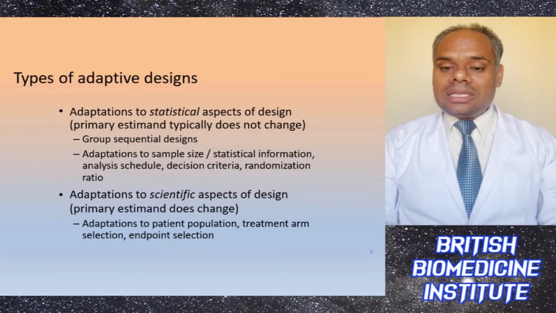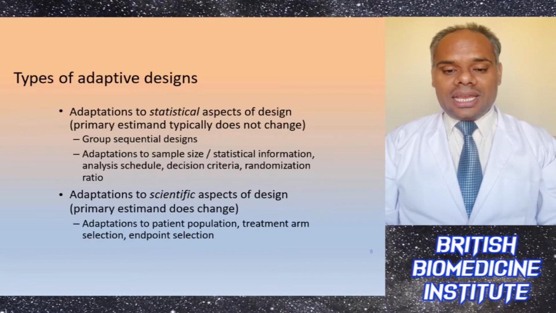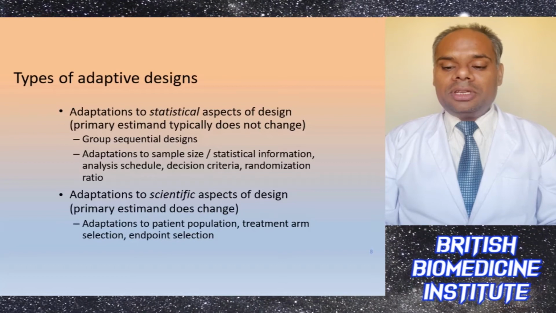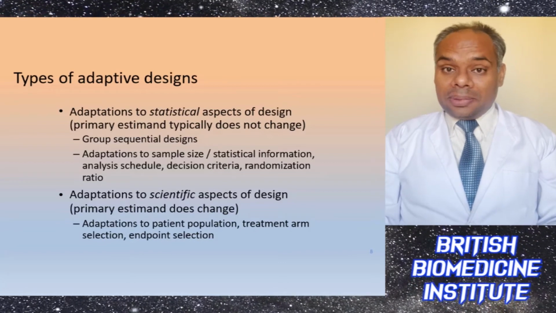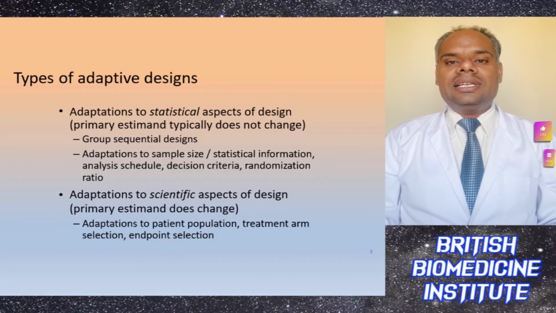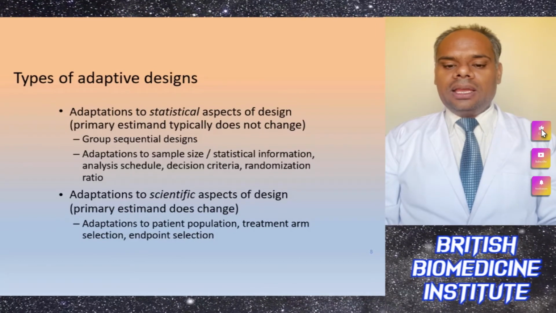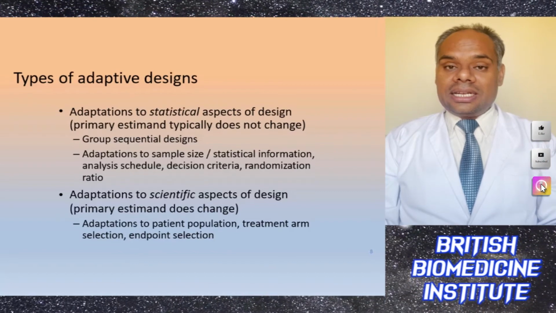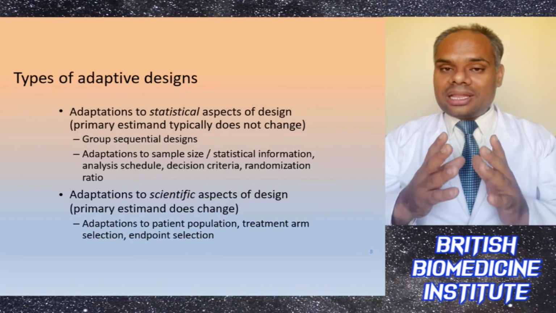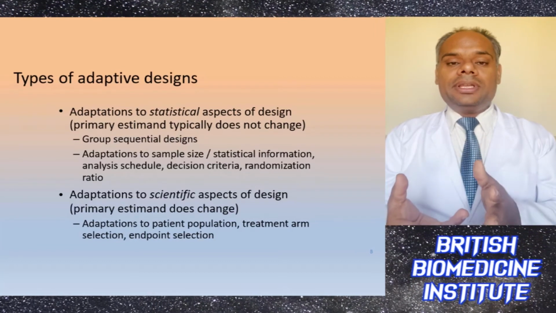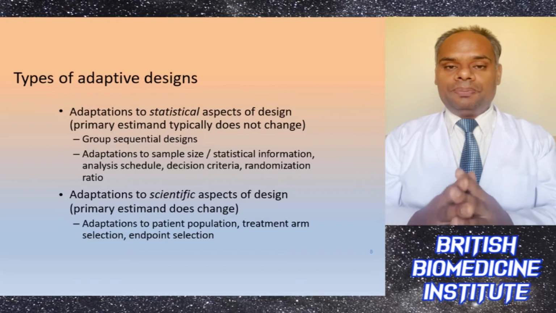So adaptation to the statistical aspect of design, like your primary estimate, typically doesn't change, like your group sequential design, it does not change. And if there is an adaptation to the sample size, or we can say statistical information like your analysis schedule, your decision criteria, your randomization ratio, they basically do not change.